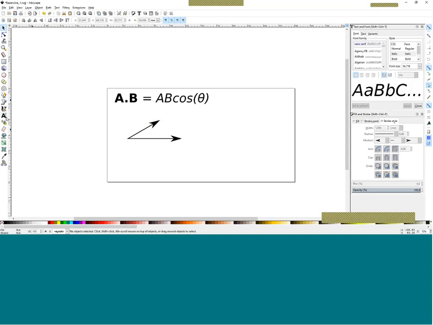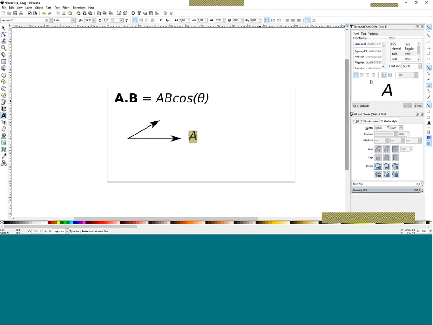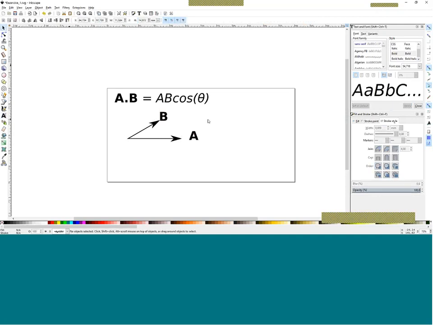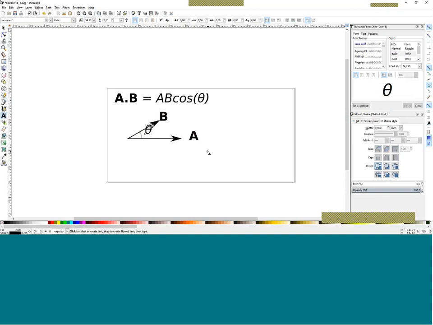Call them A. I have to always make it bold again. And B. And we have an angle between two vectors, and that is, of course, theta.